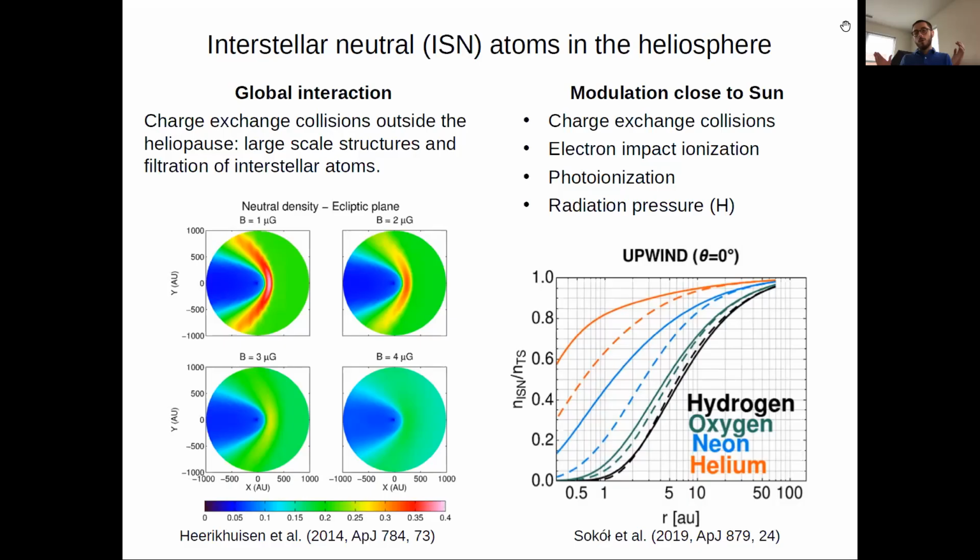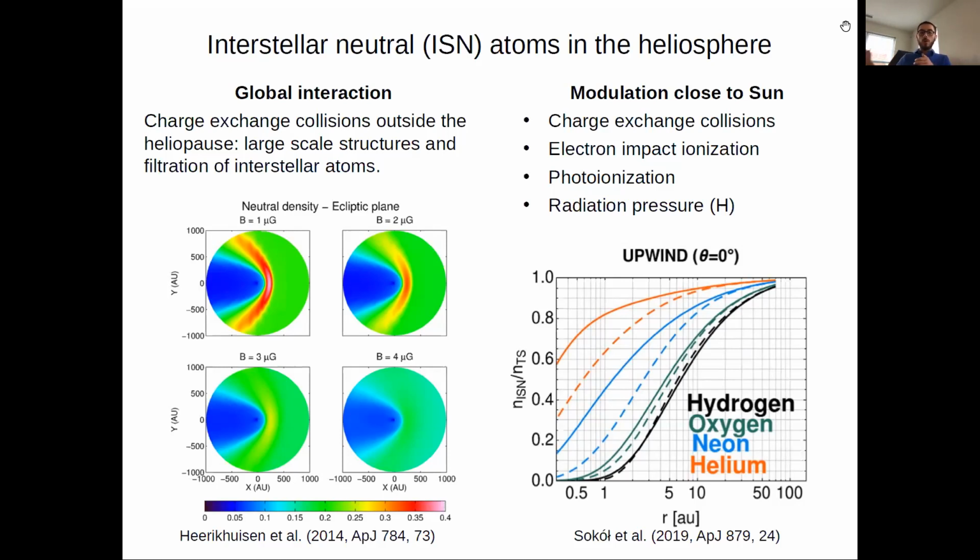Okay, so how are these neutrals processed by our heliosphere? I would separate two different effects. One is the global interaction of our heliosphere that is changing the structure of neutrals on large scales. What we know most importantly for hydrogen is the creation of the hydrogen wall and the filtration of hydrogen.